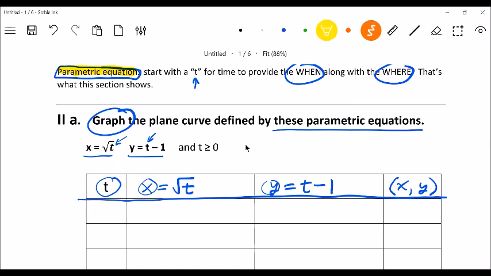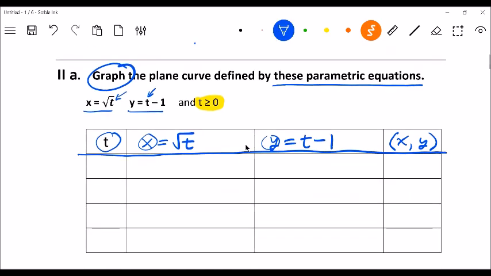So notice, please, that we are limited because the time has to be greater than or equal to 0, which makes sense. You can't have a negative time. We don't go back in time unless you're reading a science fiction story. So let us start with 0 for our first time.